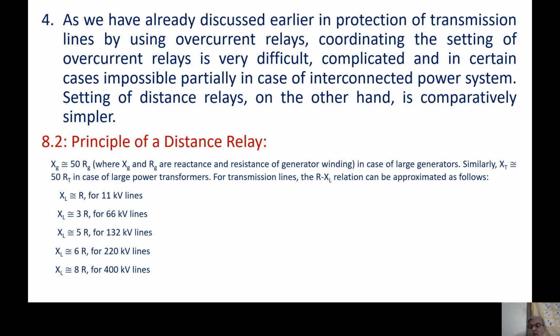So there is no question of sympathy trip, no question of mal-operation, right? That is a very important limitation and an important remedy. For these reasons, for lines lying in an interconnected system, distance protection is used.